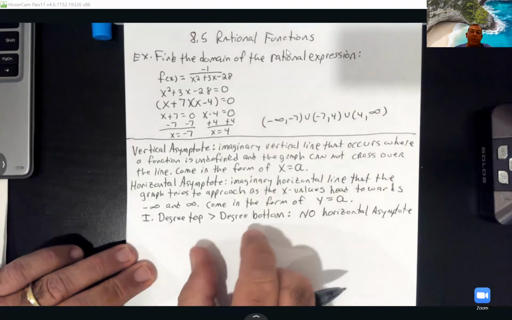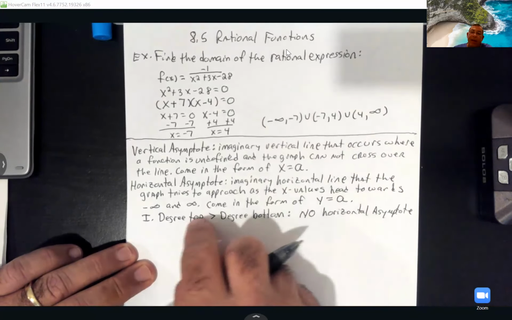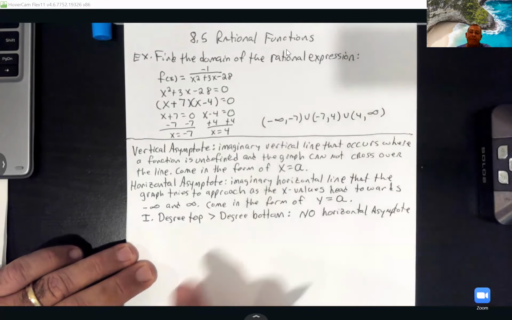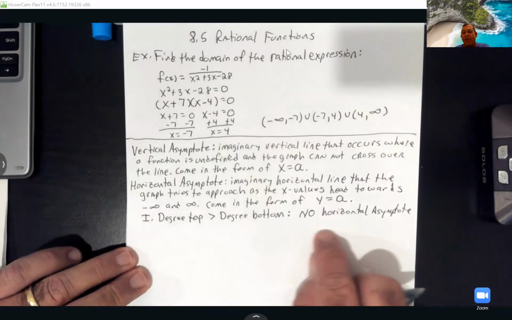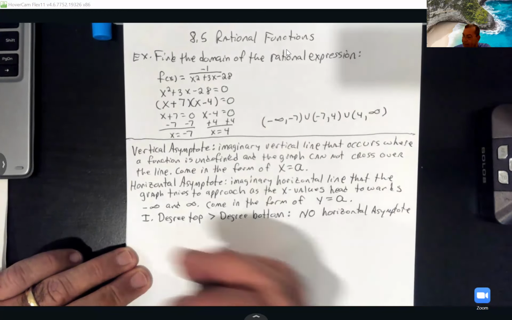Because if the top has a higher exponent, the graph is going to try to head towards infinity instead of trying to reach that horizontal line, okay?